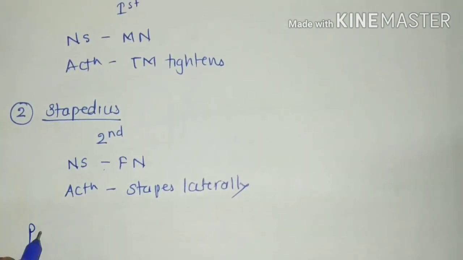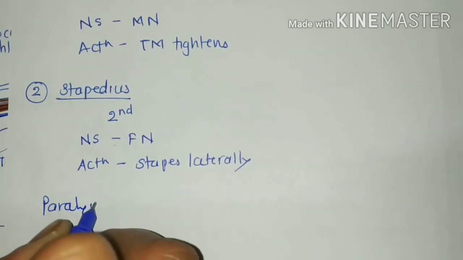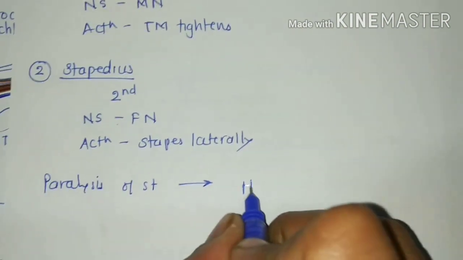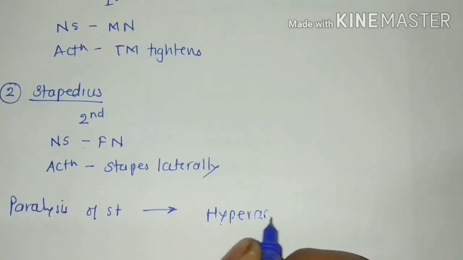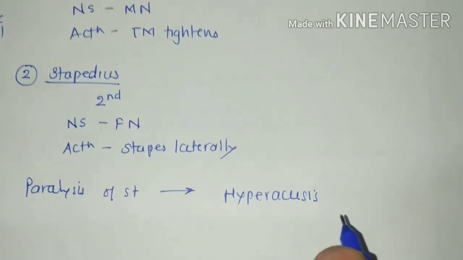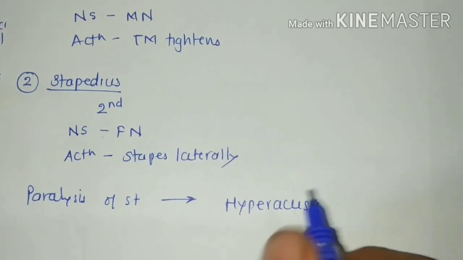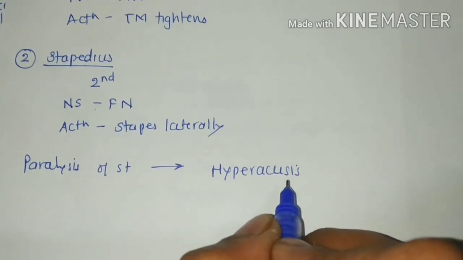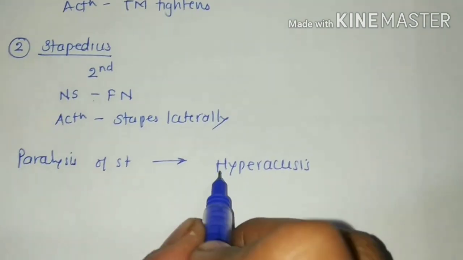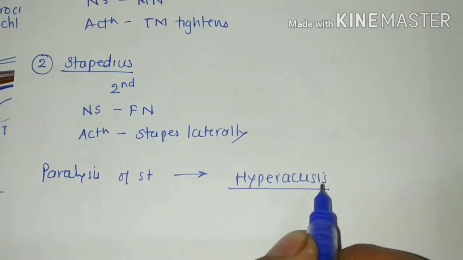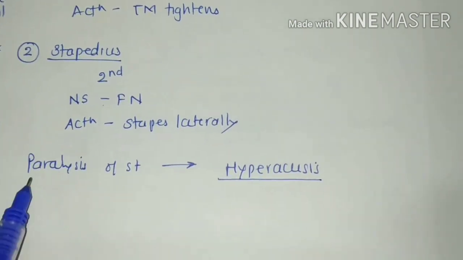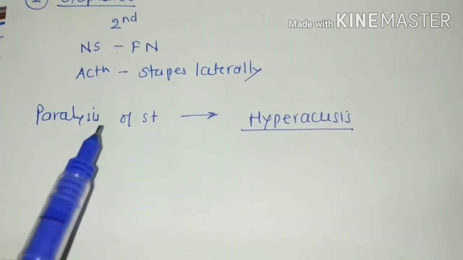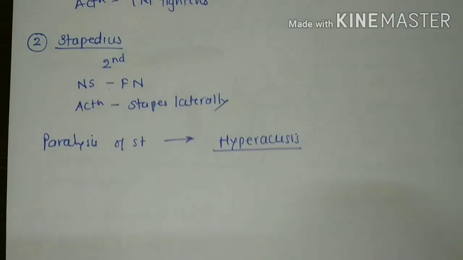Therefore, paralysis of the stapedius muscle results in a condition called hyperacusis, in which a whisper is perceived as a noise. Clear? The condition is called hyperacusis and it occurs in paralysis of the stapedius muscle. So this is all about the muscles of the middle ear.